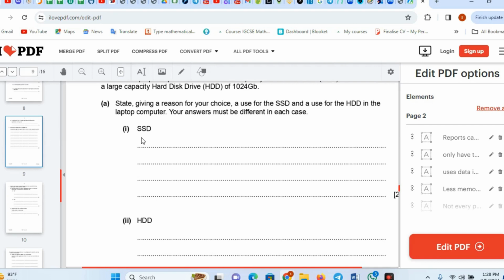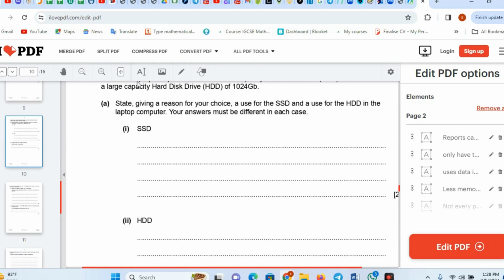So to answer this, you have to state a reason for your choice. One is to store the operating system or games; we use the SSD. The other is to store apps, software, data, files, movies; we use the HDD.